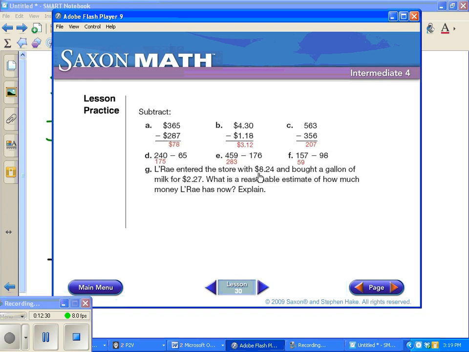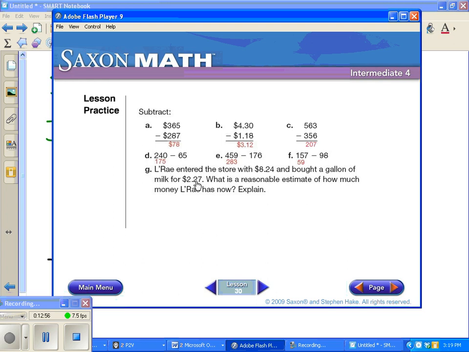LaRae entered the store with $8.24 and bought a gallon of milk for $2.27. That's a reminder, I need to buy milk today. Okay. What is a reasonable estimate of how much money LaRae has now? Explain. All right, $8.24, that's really close to rounding off to quarters, so I'll say LaRae has $8.25.